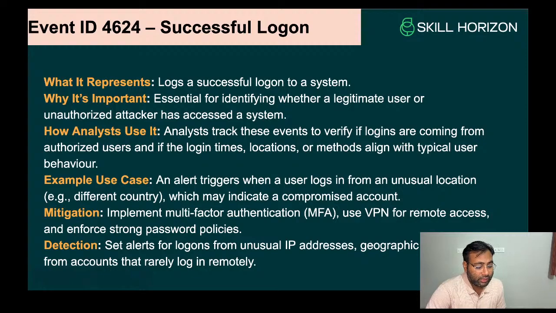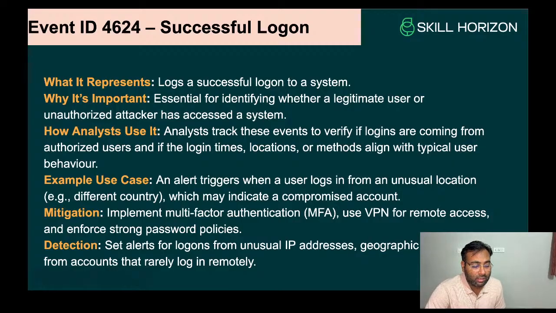Suppose an alert triggers, you are monitoring or using a particular alerting tool, suppose Splunk. An alert triggers where a user logs in from an unusual location. You commonly see this: if you log in to your Facebook account from somewhere else, you will receive an email saying there is unusual login activity detected.